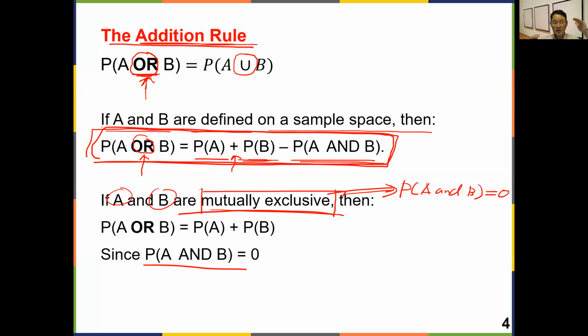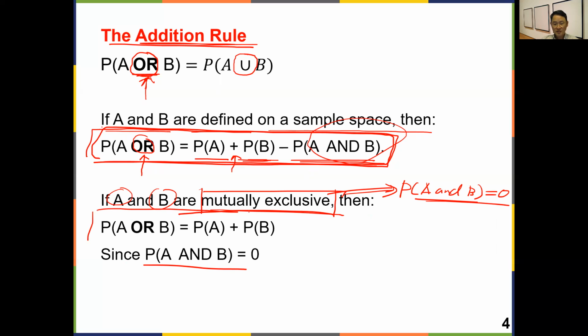So how can you be in A and B at the same time if they are separate? They are far away from each other. That's being mutually exclusive. So mutually exclusive means this probability of A and B must be equal to 0, which means this part is just going to be 0 if you are dealing with the mutually exclusive case.